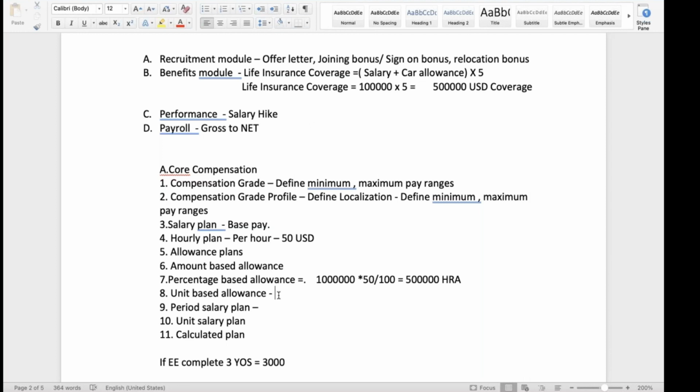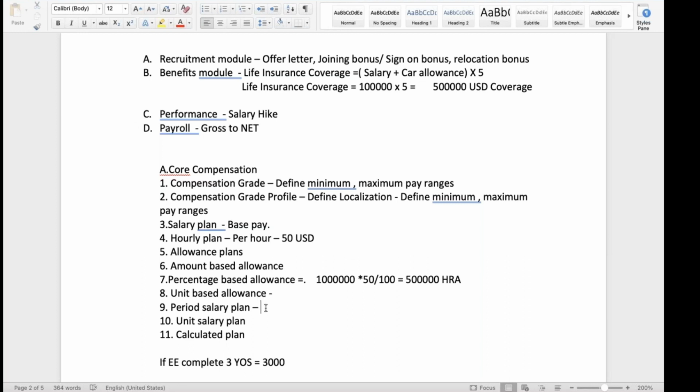Example: if an employee delivered 100 boxes in a month, and for each box the company pays $1, then $1 multiplied by 100, the employee will get $100 as allowance. Here the unit is a box in Amazon, and in the Zomato or Swiggy example, the unit is a food packet.